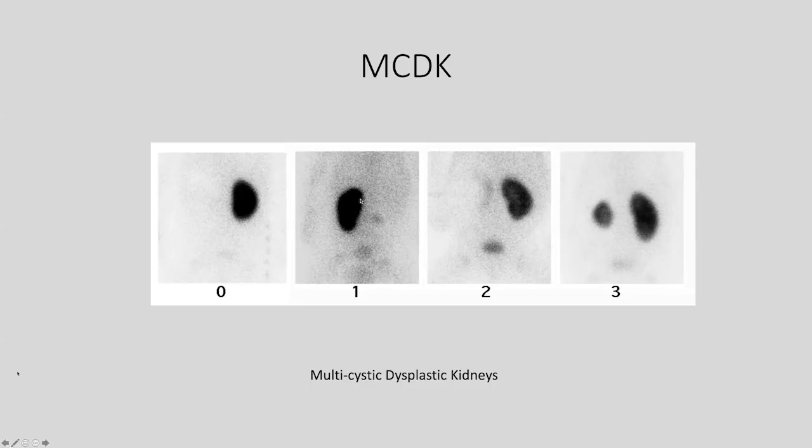And you can see the range of possible findings from total absent uptake of the involved kidney to minimal uptake to a huge hydronephrosis with some uptake on that involved kidney, or even some uptake which is not absent or not grossly distorted. So there is a range of findings on the DMSA in patients with multicystic dysplastic kidneys.